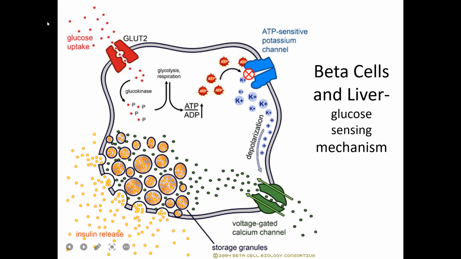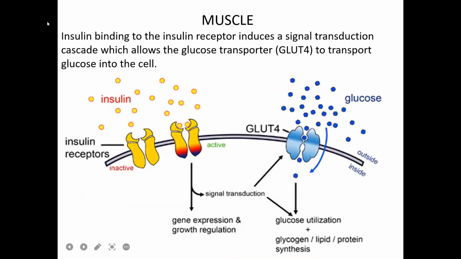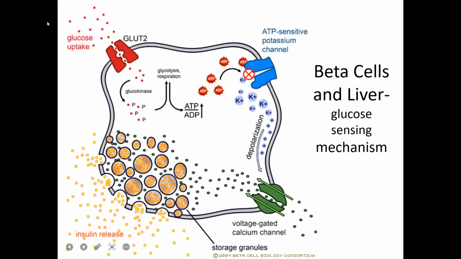So this is the first step here, and the ATP production is the second step. But in muscle, the first step is the insulin, then signal transduction and membrane depolarization, opening GLUT4 to allow the glucose to come in. So this is a slightly different way of activation. That's the main difference between GLUT2 and GLUT4.